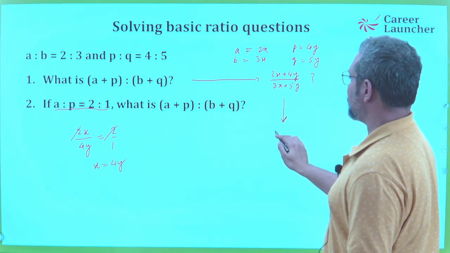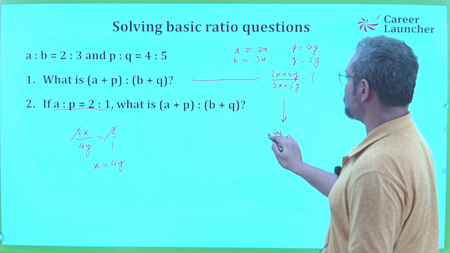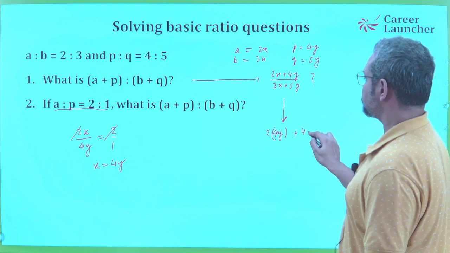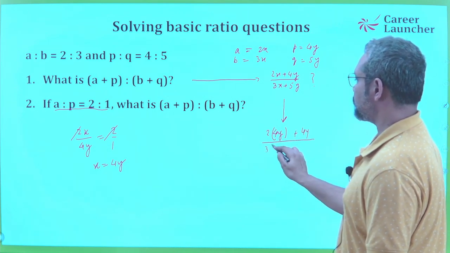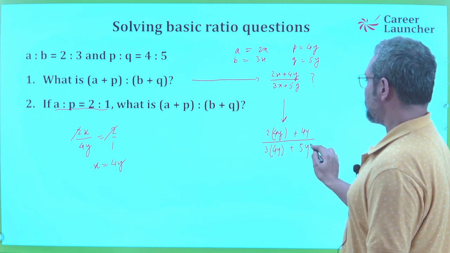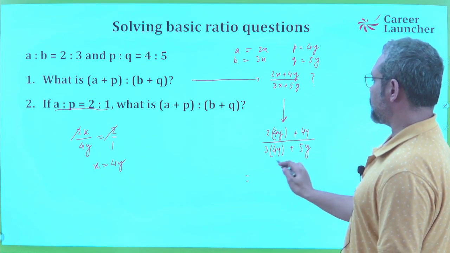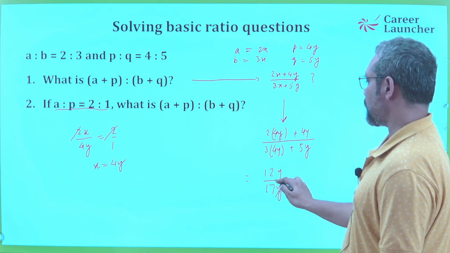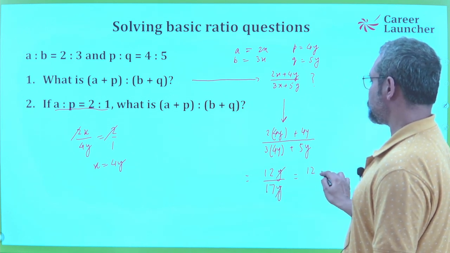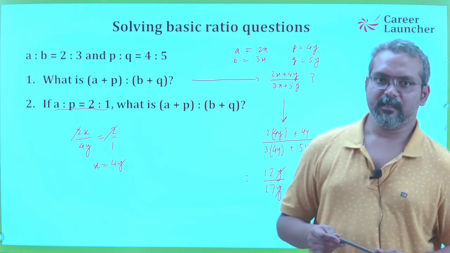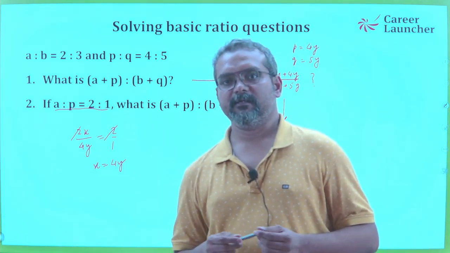So 2x will now become 4y into 2, because x is 4y, plus 4y, over 3x, which is 3 times 4y, plus 5y. This now becomes 8y plus 4y, 12y, over 12y plus 5y, 17y. Y is gone, 12:17. And now we have the answer. So I hope this approach is clear. Thanks for watching.